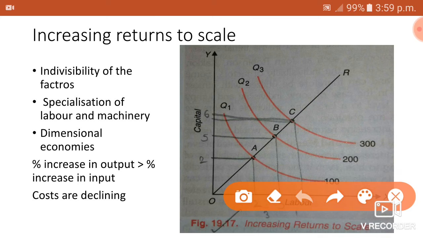It means that the difference between 2 and 5 is 3, and between 5 and 6 is 1, but the production increases by the same amount, 100. The amounts of capital and labor are used in a decreasing proportion, but the production is increasing in the same proportion, so we can say that it is increasing returns to scale. In this return to scale, cost declines.